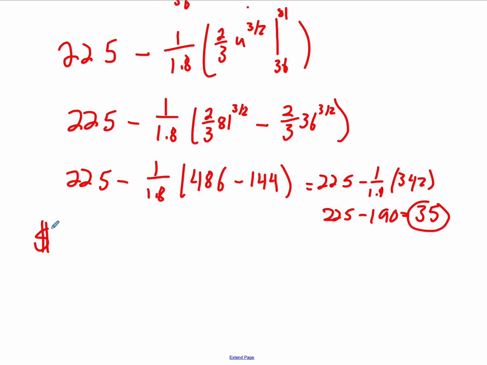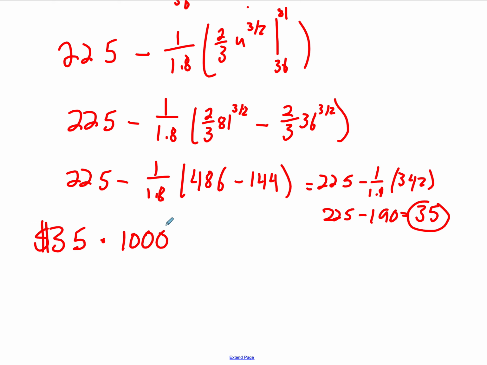So now I take the 35 and I multiply it by 1,000, because the 35 means for every actual box I'm making 35. So imagine you had 1,000 per box, and each box you're making 35 on, essentially.